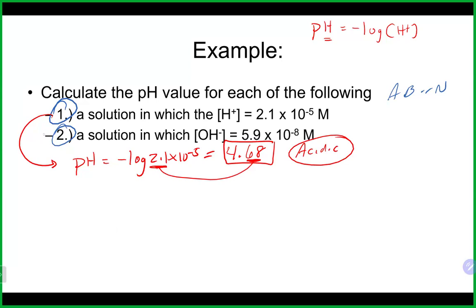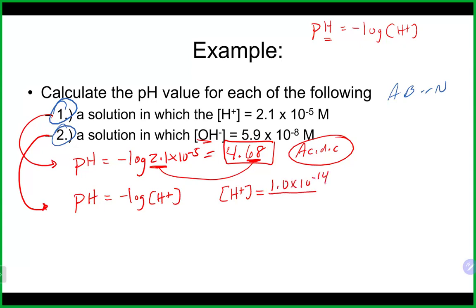Now, when we get to question number 2 here, we do want the pH, but we don't have the H plus concentration. We actually have the OH minus concentration. And that means that really, perhaps you should calculate the H plus concentration first by using Kw like we used previously.